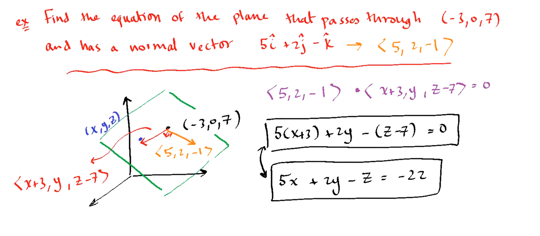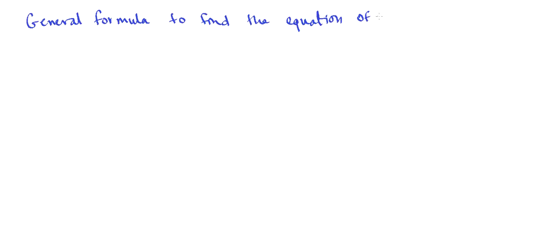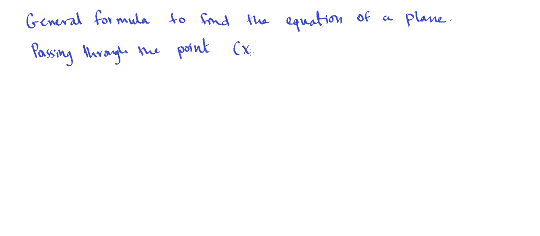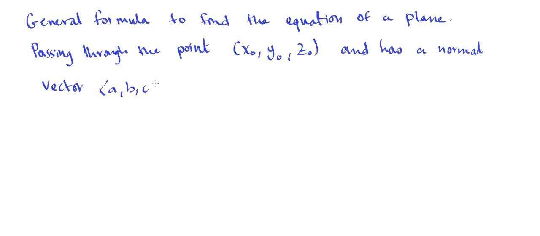So let me give you the general formula to find the equation of a plane. Let's say the plane passing through the point x0, y0, and z0, and has a normal vector a, b, and c.